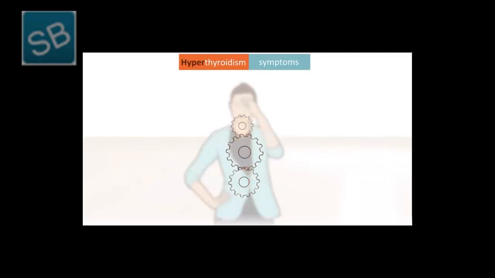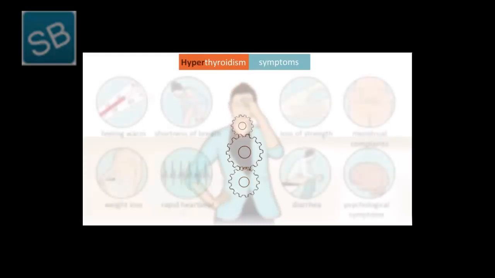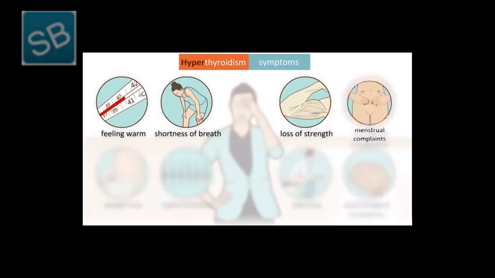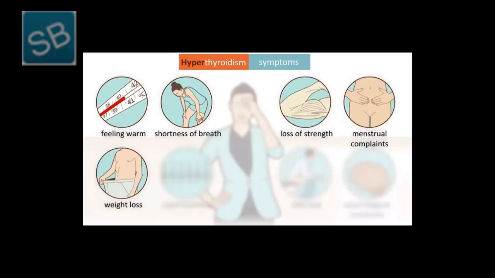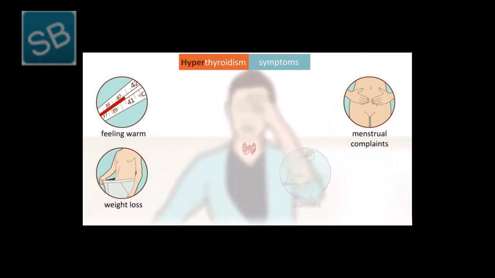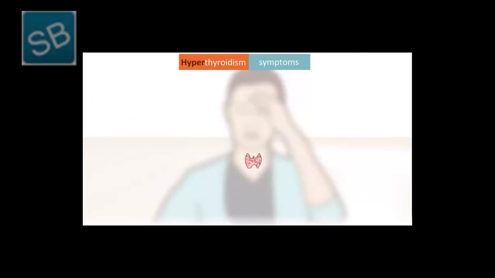Because all processes in the body work much faster, various complaints arise like feeling warm, shortness of breath, loss of strength, menstrual problems, weight loss, rapid heartbeat, diarrhea, and psychological problems like fear and irritability. These symptoms usually do not occur at all times in the same manner.